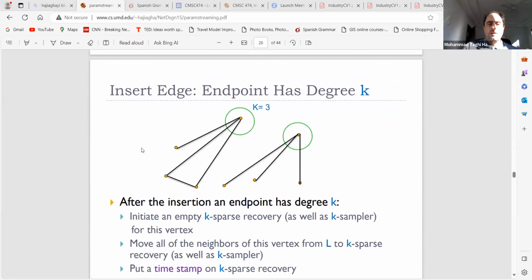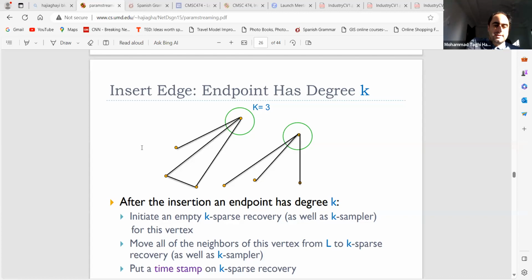Now, what about if you are inserting an edge and one of these endpoints ends up with degree k? Before, both endpoints were less than k, but now one becomes k.